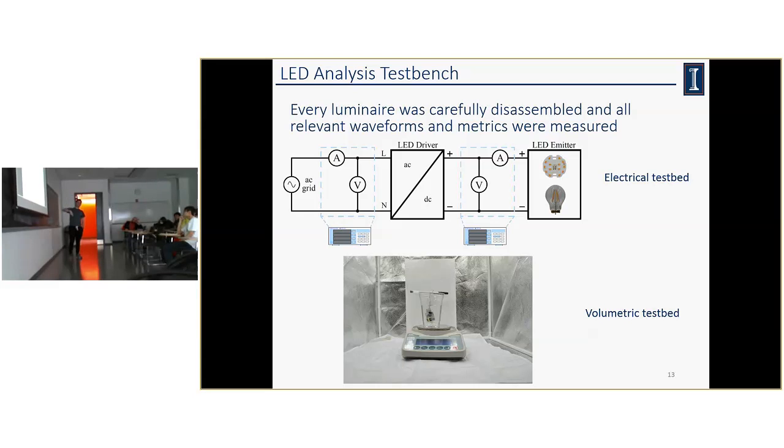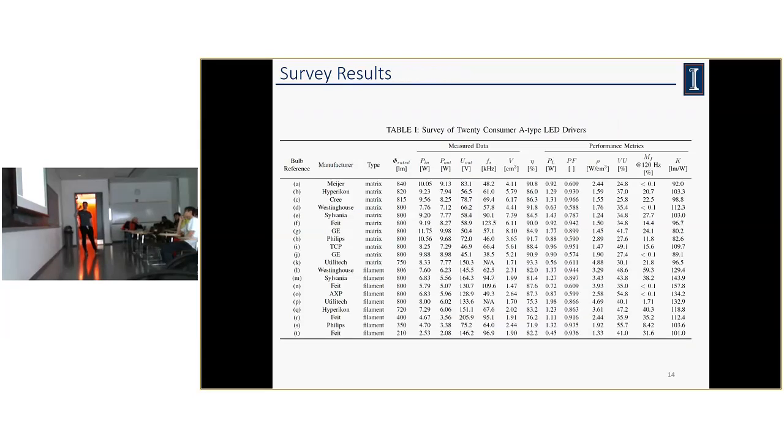Then you put 2 Yokogawas in just to measure basically all the input-output power waveforms. And then to measure volume, actually a really good way to do that is to immerse it in water and use the known density of water to calculate the exact volume of the converter, rather than trying to estimate components or the box volume or something.